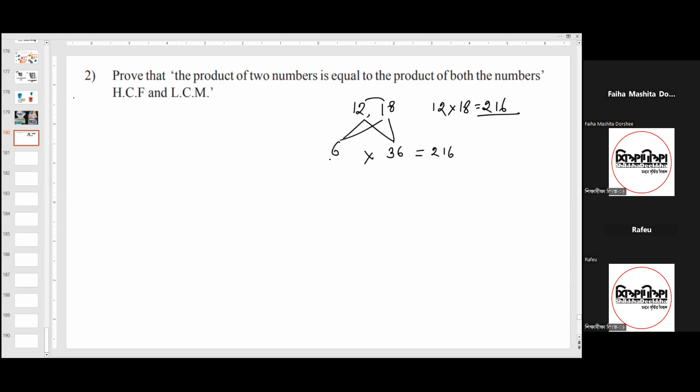So we can say that the product of the HCF and LCM of two numbers will be equal to the product of the numbers. Is this the proof? Yes, sir.